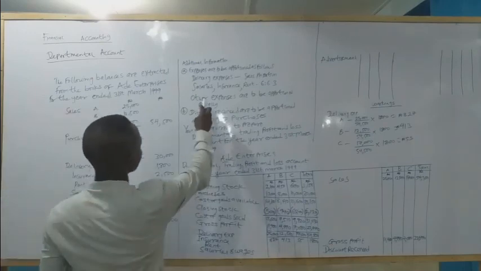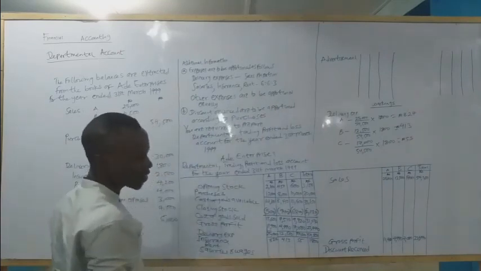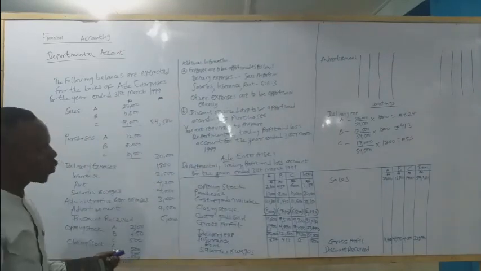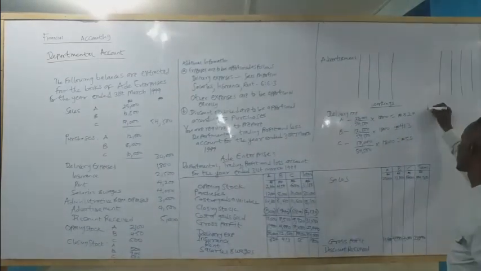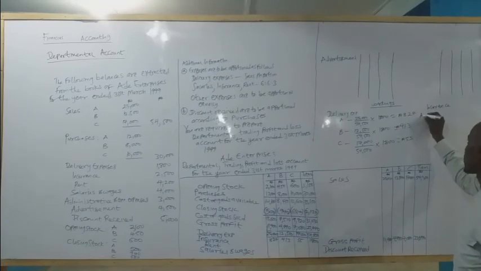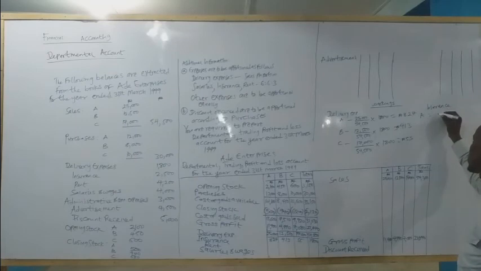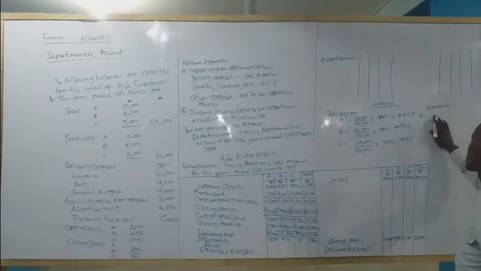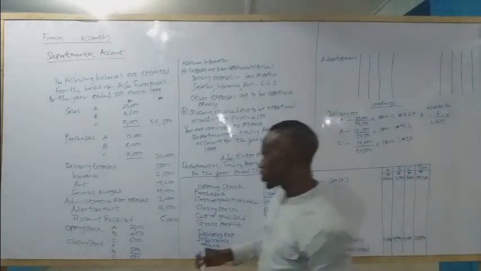Insurance is on the basis of 663. So calculate insurance on the basis of 663. Department A, we take the addition of all the 663, 6 plus 6 plus 3, and that is 15. So 6 over 15 times the amount of insurance.